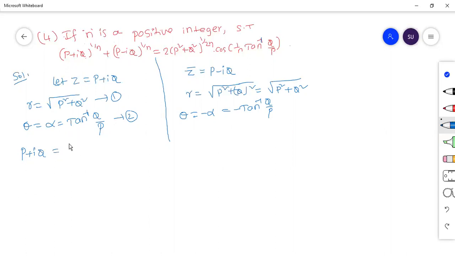What is the polar form of p plus iq? That is r into cos alpha plus i sin alpha. But we need what? (p plus iq) whole power 1 by n, that is equal to r power 1 by n into (cos alpha plus i sin alpha) whole power 1 by n.